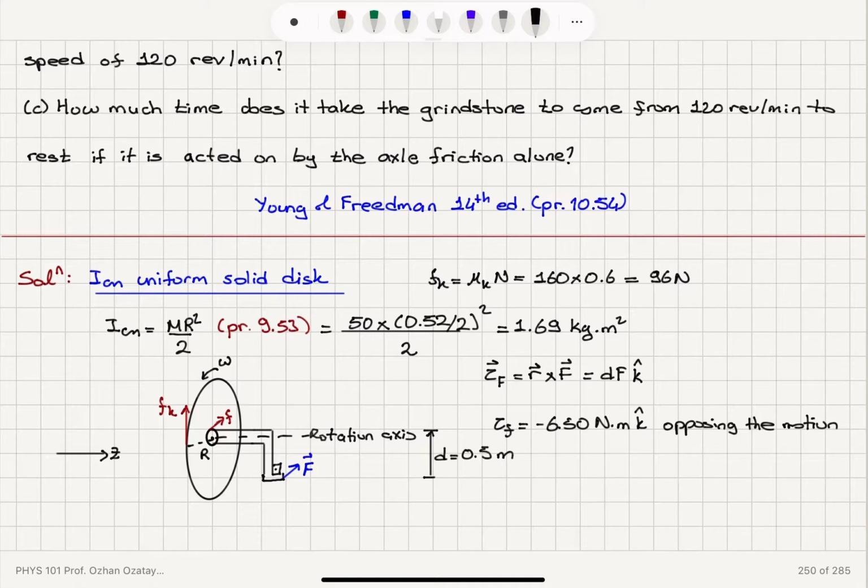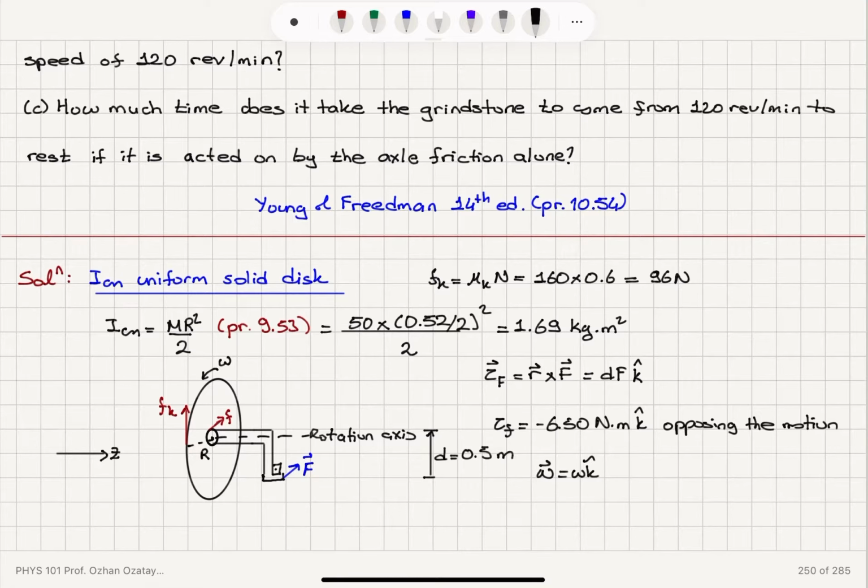Now you can see that the sense of the rotation is basically omega vector pointing in plus k hat direction. So you curl your fingers in the direction of omega, you will see that your thumb points in plus k hat direction. So omega vector is omega in k hat direction.